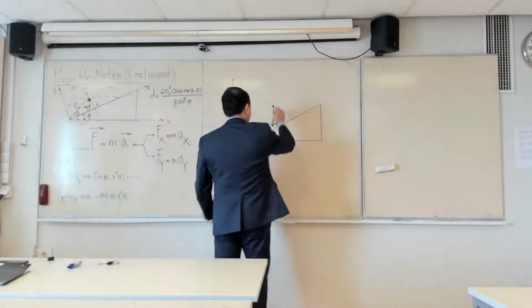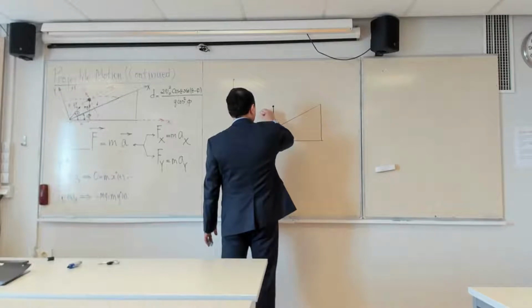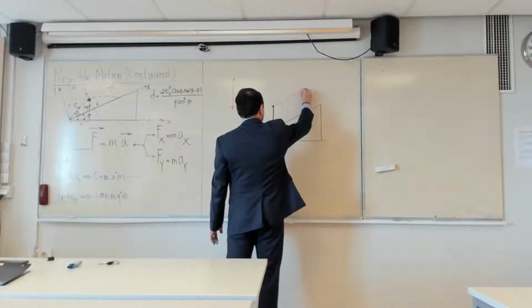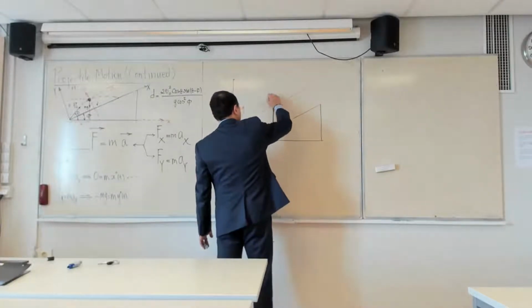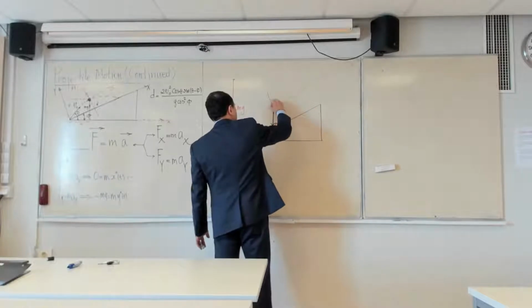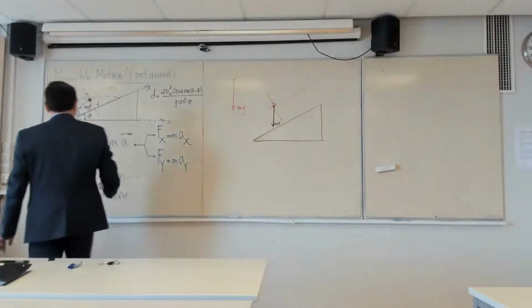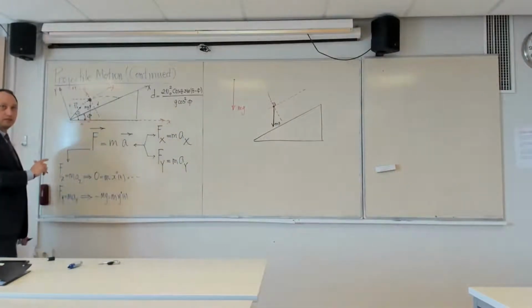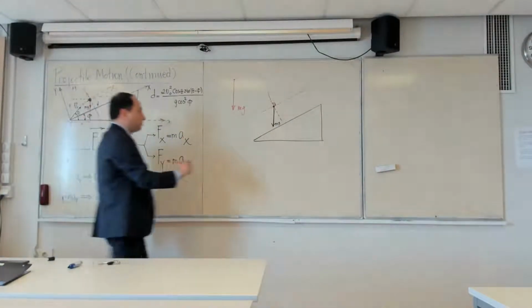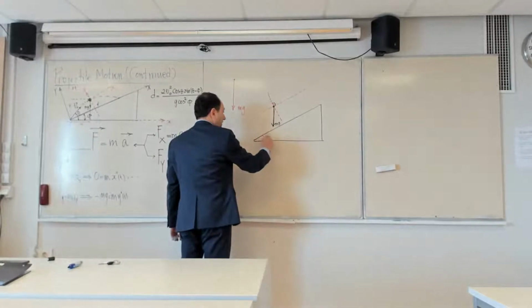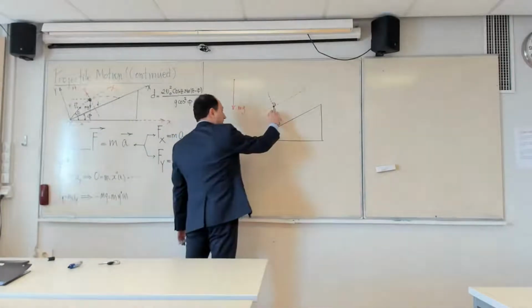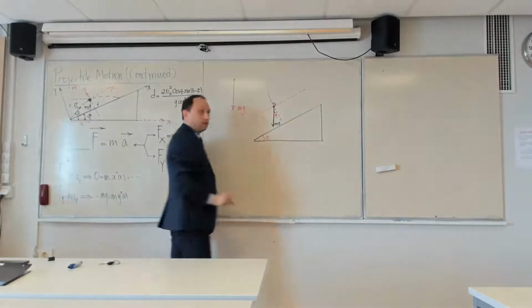So here I am drawing a parallel line, and then I am drawing a vertical line here. So this angle is 90. If I ask you, theta, no, phi, not theta. Yes, it should be phi, because this angle is phi. Do you agree with me that this angle is also phi?